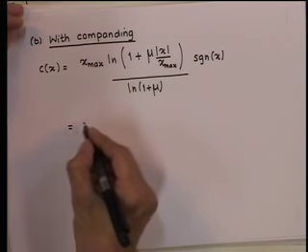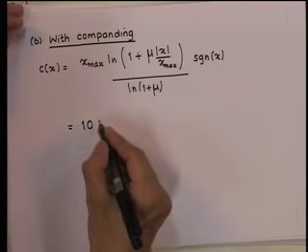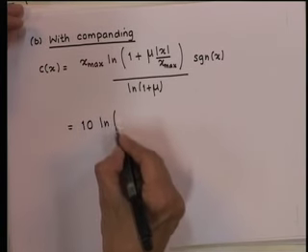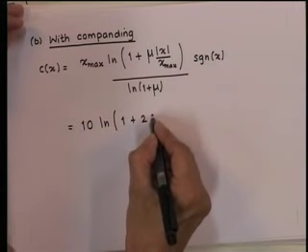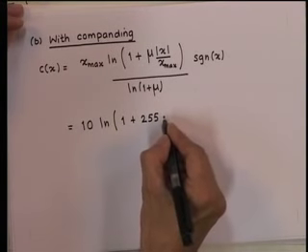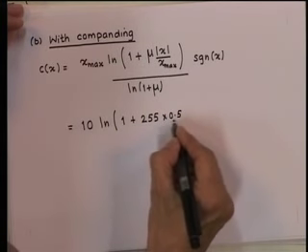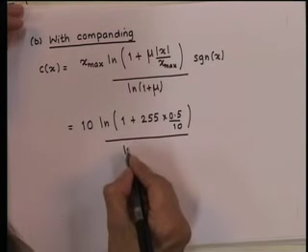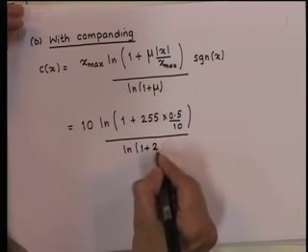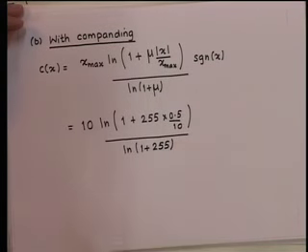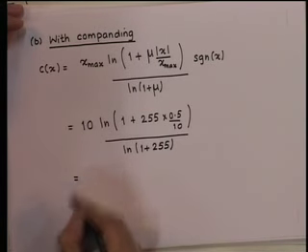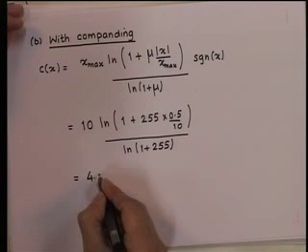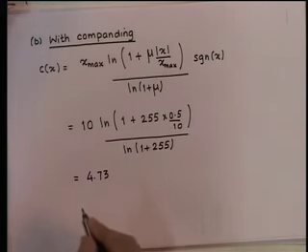So, we substitute the given values, and this reduces to 4.73.